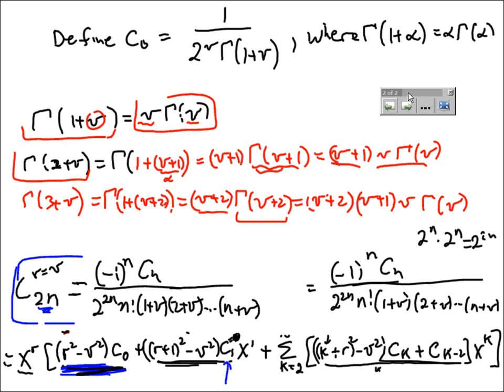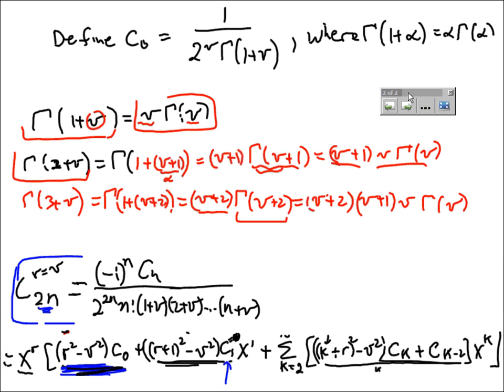Okay. So what does that mean? How can we use the gamma function to get anywhere with this?